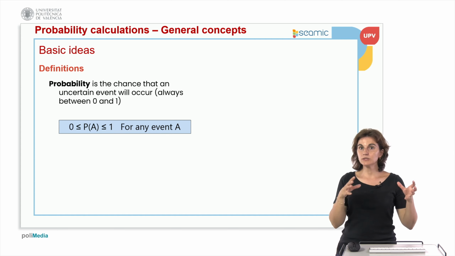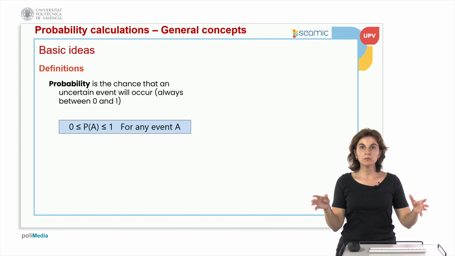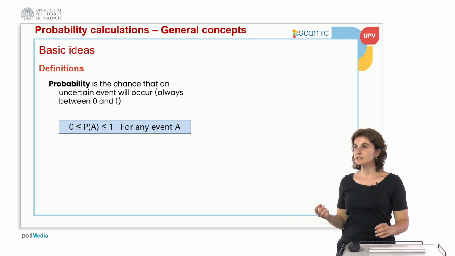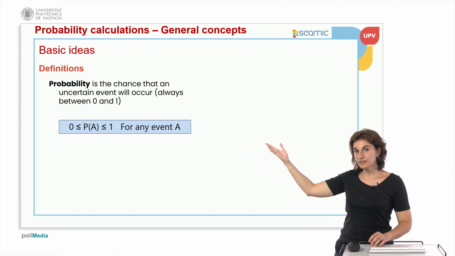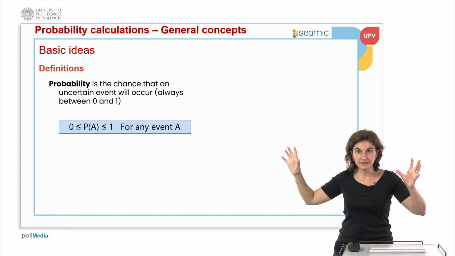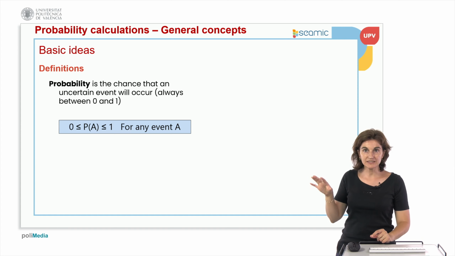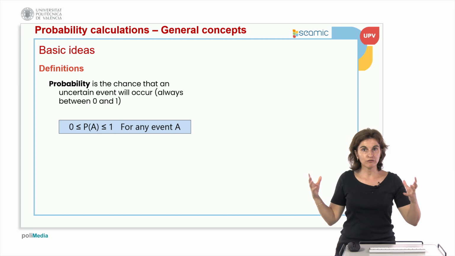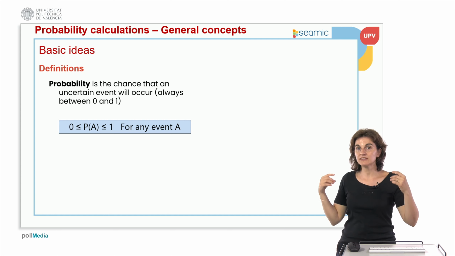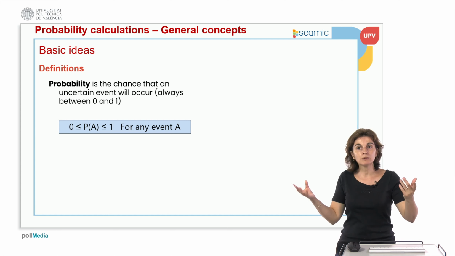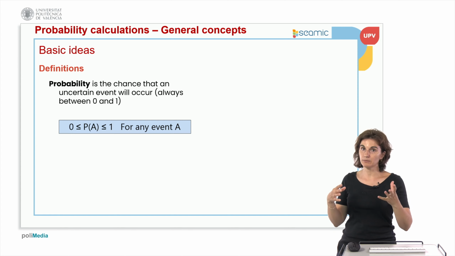So, linked to each of these events, we can work with the idea of probability. Probability refers to the chance that one event that has some uncertainty will happen or no. As we said before, we cannot compute deterministically what's going to be the probability that something happens.